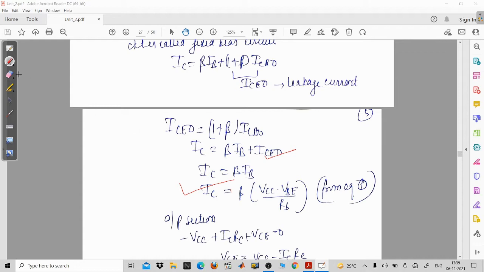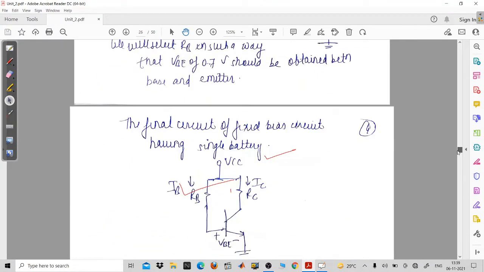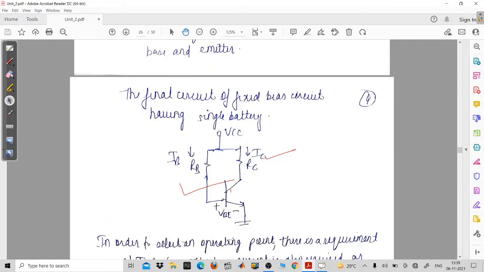If you want to find the VCE, then again you will have to apply the KVL in the output port. So we'll go towards our circuit, that is the modified circuit. Now, if you apply the KVL, then again you replace this by this.